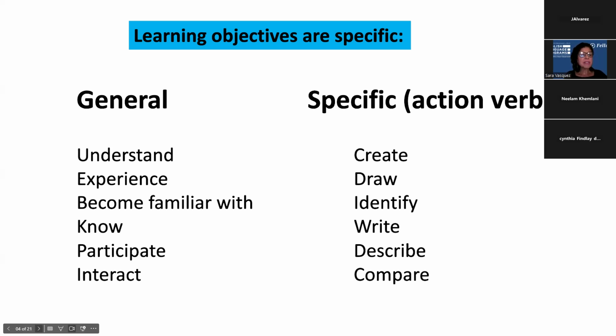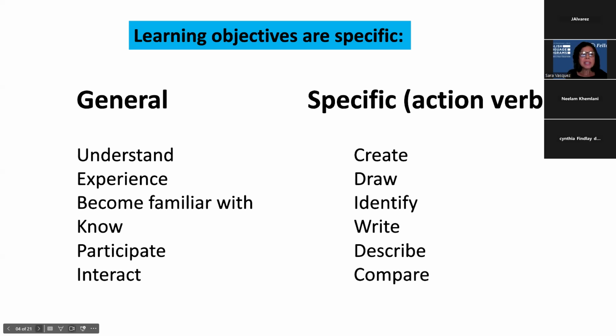So it's necessary for us to use specific words, specific verbs that show us what the students know. For example, I only know that you understand if you create something for me. I only know you experienced a good lesson if you could draw something for me. Or I only know you became familiar with what I have if you identified it for me.